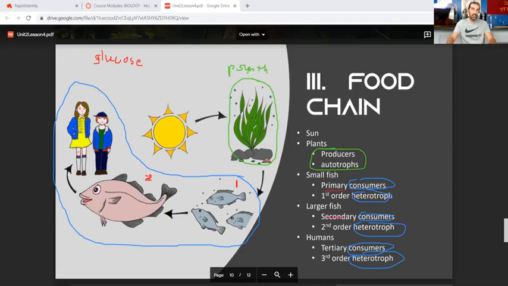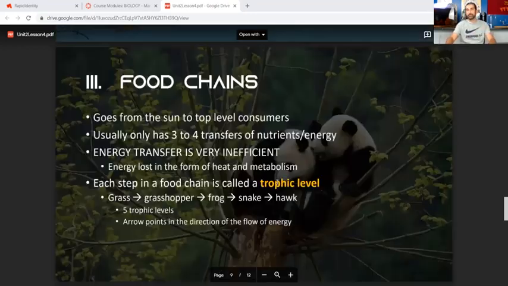And then the last thing that eats, 1, 2, 3, are the humans, therefore they are a tertiary consumer, or a third order heterotroph. You do need to know the difference between primary, secondary, and tertiary consumers and how to identify them in a food web and a food chain. And we'll take a little bit more in-depth look at that tomorrow. Not too in-depth, but in-depth enough.